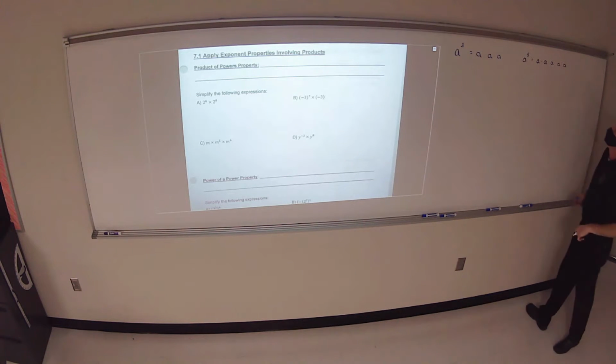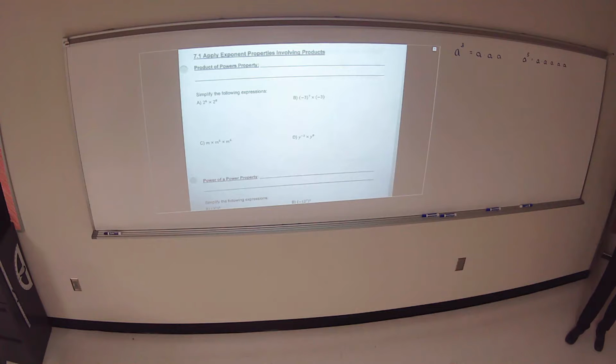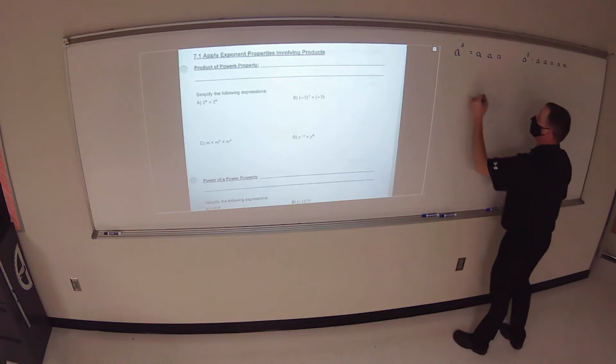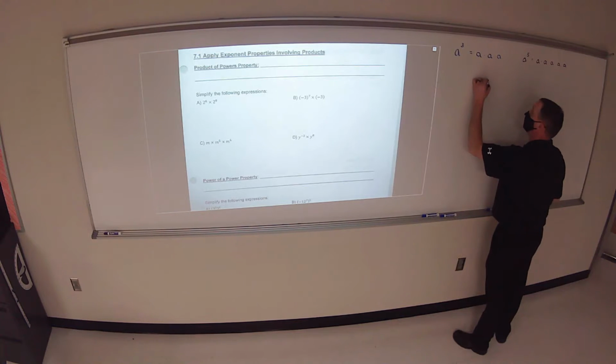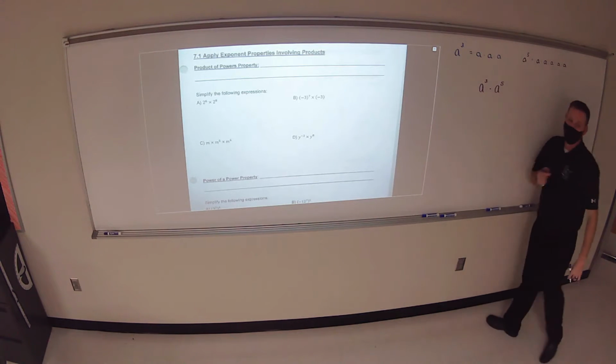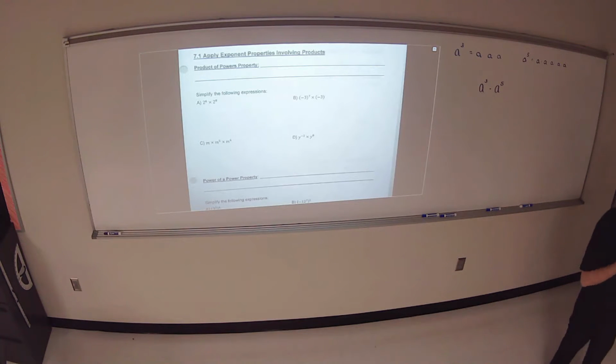Okay? So one of the ideas that we're going to talk about today is this. What if I take a to the third power and I multiply this by a to the 5th power? Now, ideally, we'd like to be able to do this pretty quick and not have to write these out all the time, but for you to understand where this rule comes from, Adam, can you put that away, please?